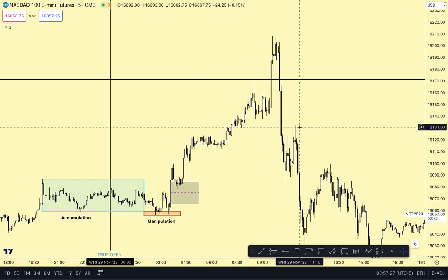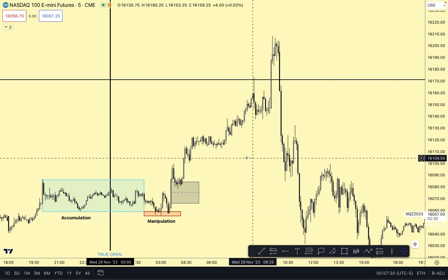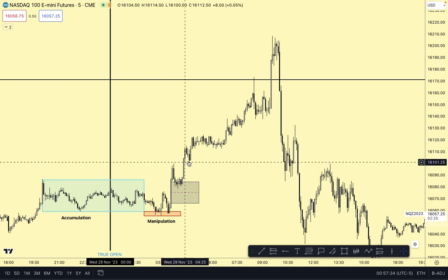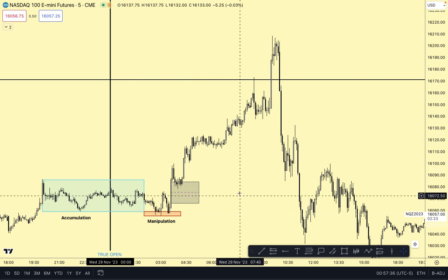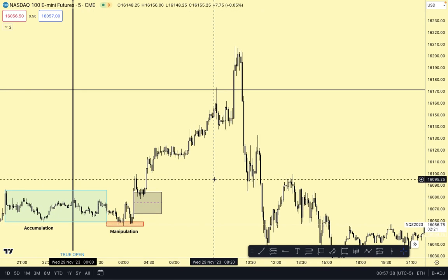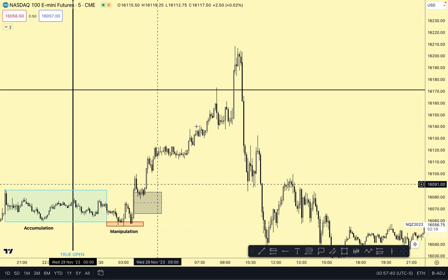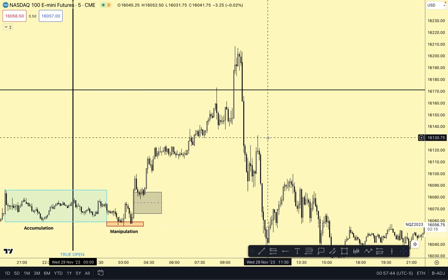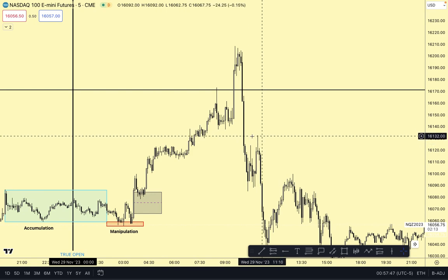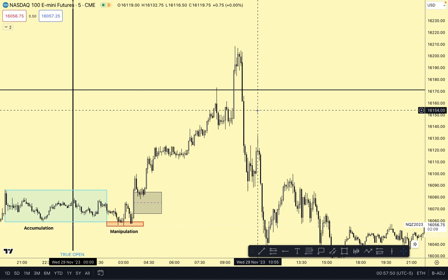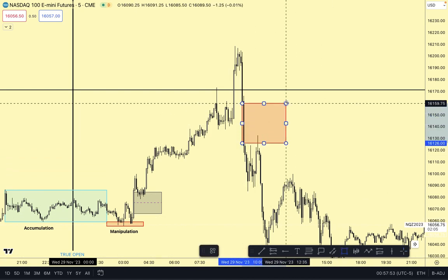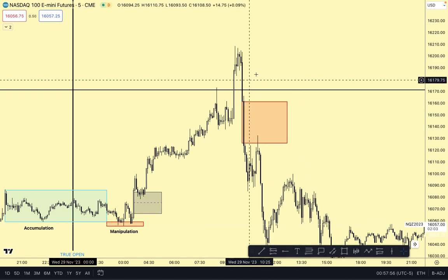So smart money reversal, break of structure, first stage redistribution. Also yesterday's silver bullet. That was a breakaway gap.